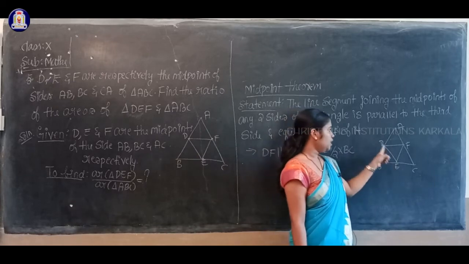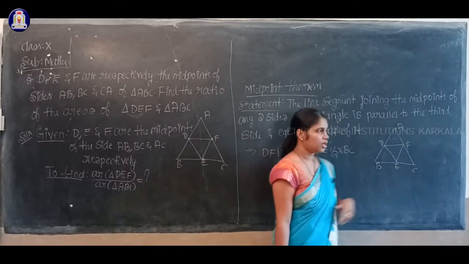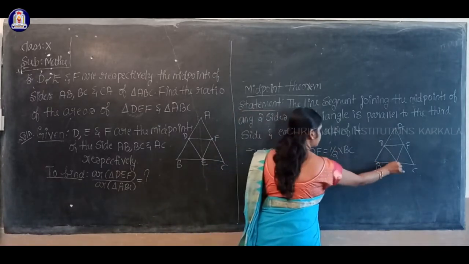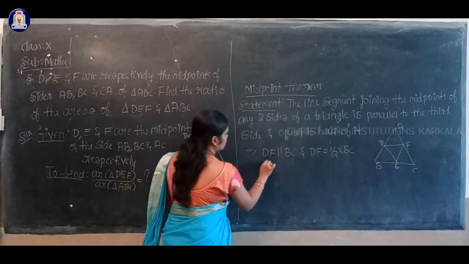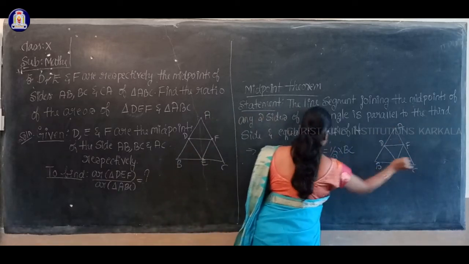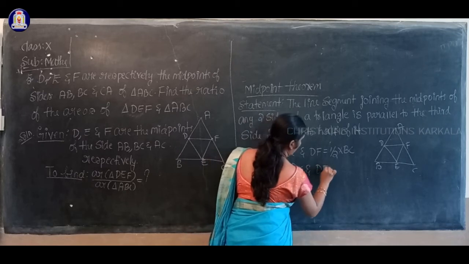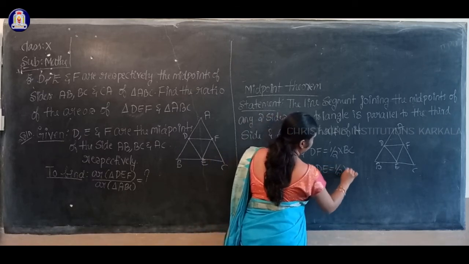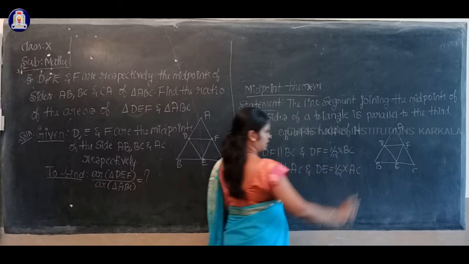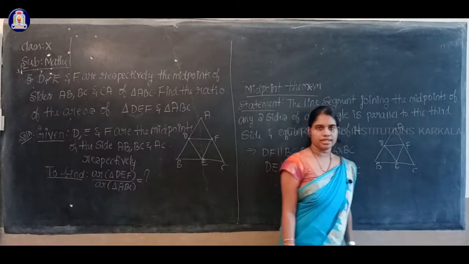Also DE will be exactly half of AC. So I'll write DE is parallel to the side AC, and DE is half of AC.